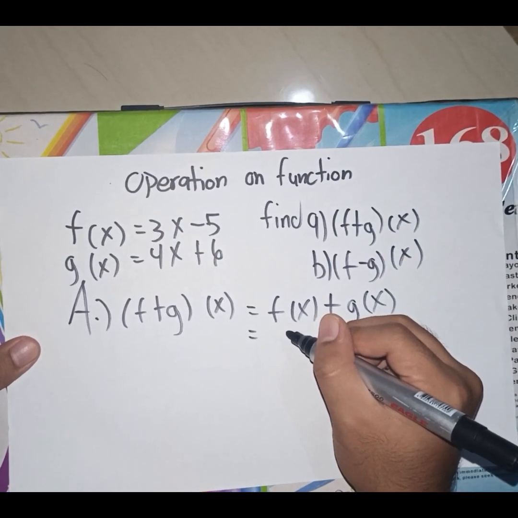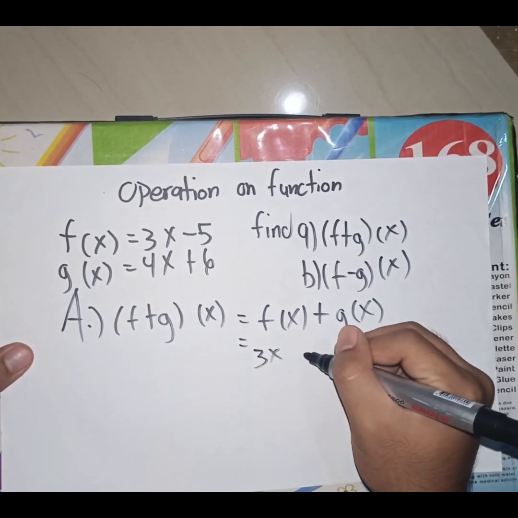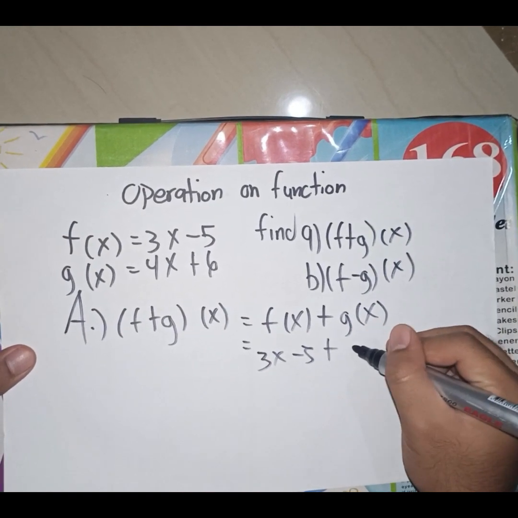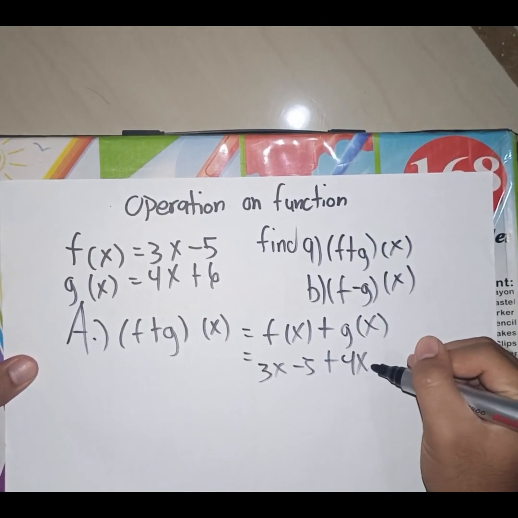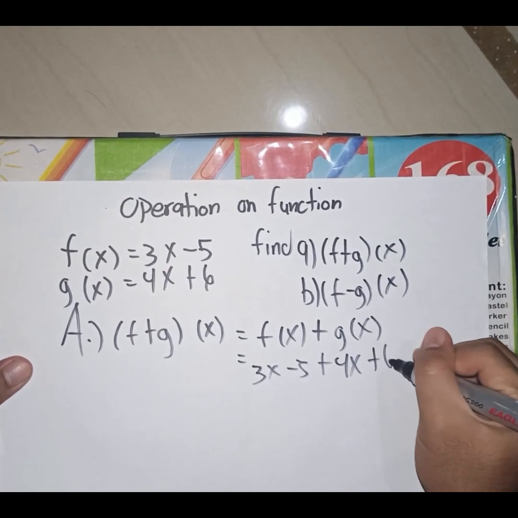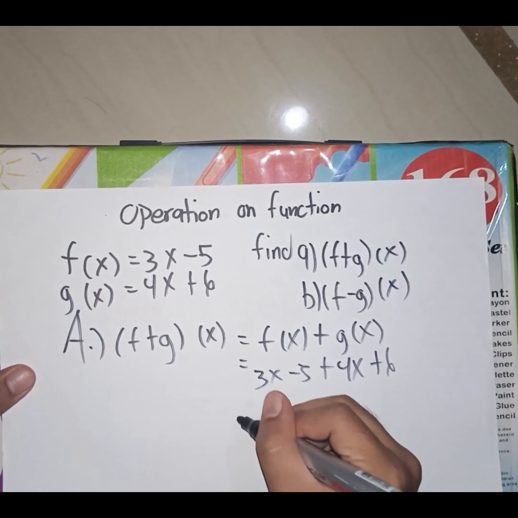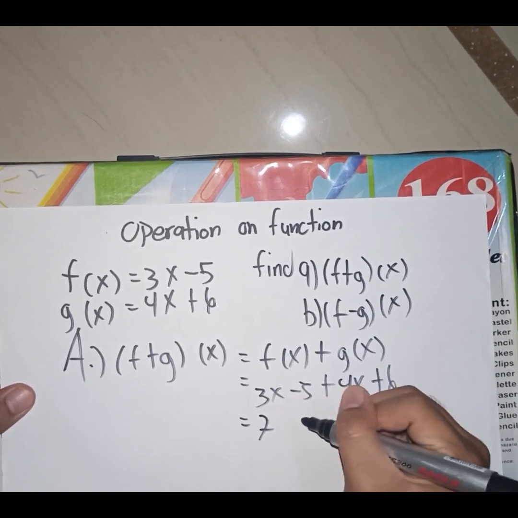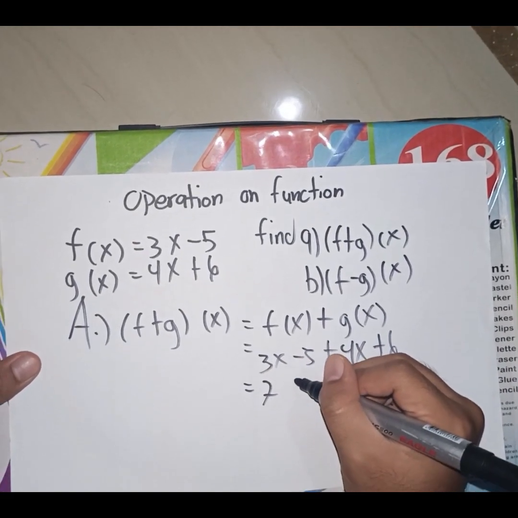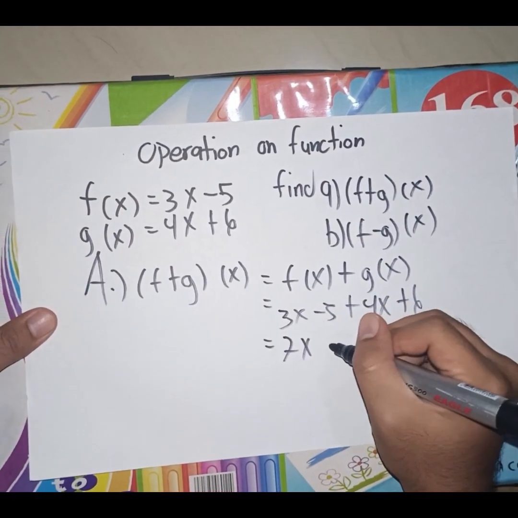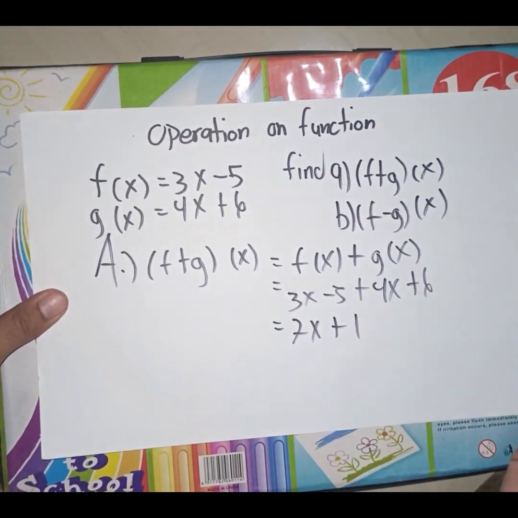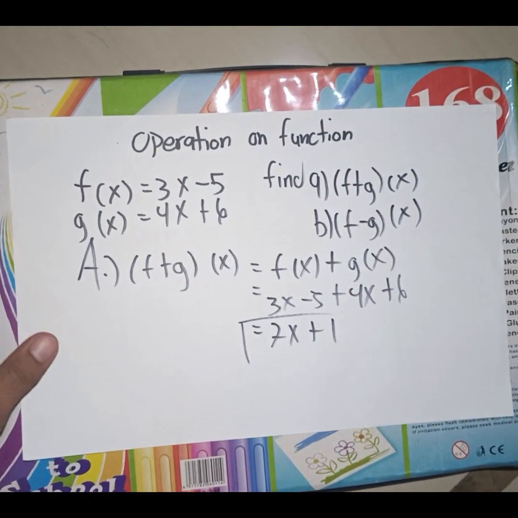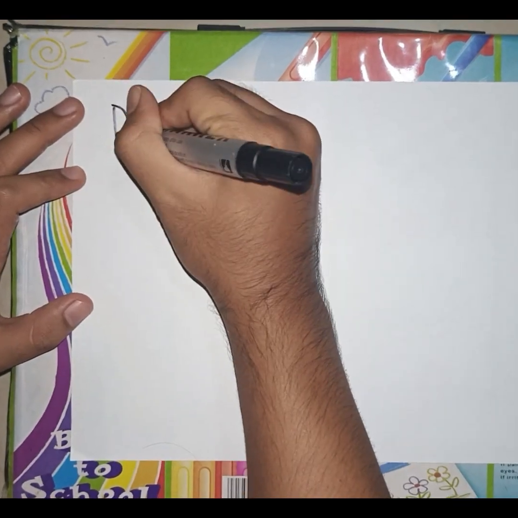The equivalent of f of x is 3x minus 5, plus the equivalent of g of x is 4x plus 6. After substitution, all we need to do is combine like terms. 3x plus 4x equals 7x, plus negative 5 plus 6 equals 1. And this is the final result for our problem.